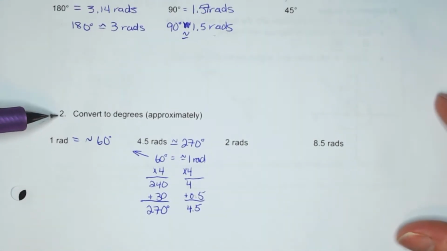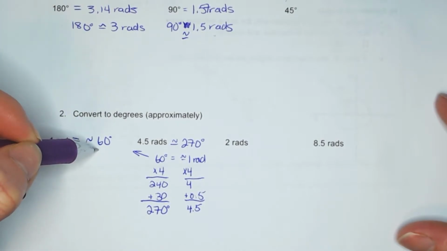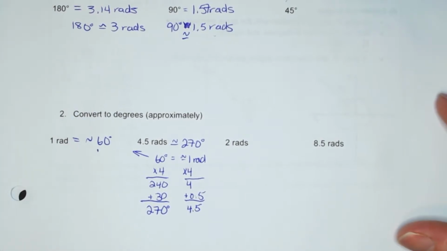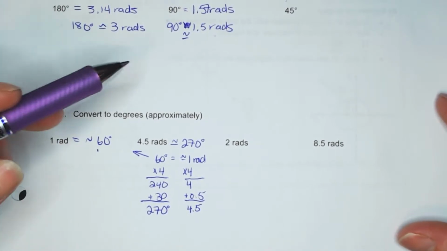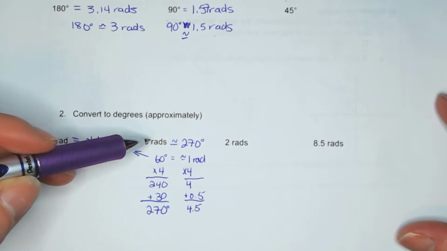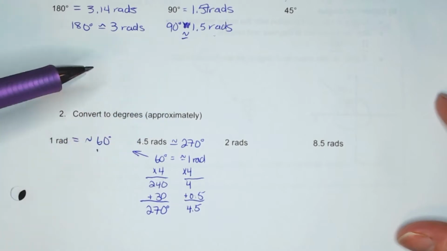Now we can also go the other way. So if we have 1 rad, that's approximately equal to 60 degrees, because 3 rads is approximately equal to 180. So just divide that by 3, we get 60. Now, you can get questions like this, 4.5 rads, and I figured it out for you. It's 270 degrees.